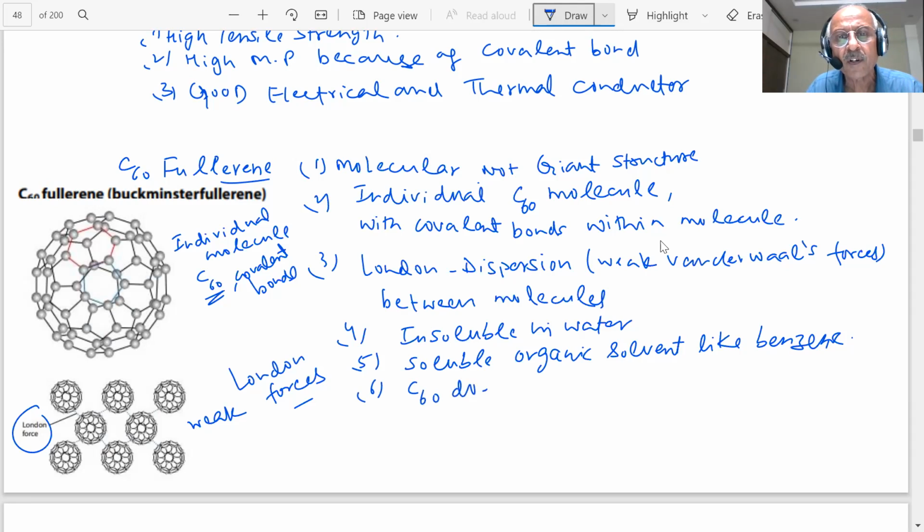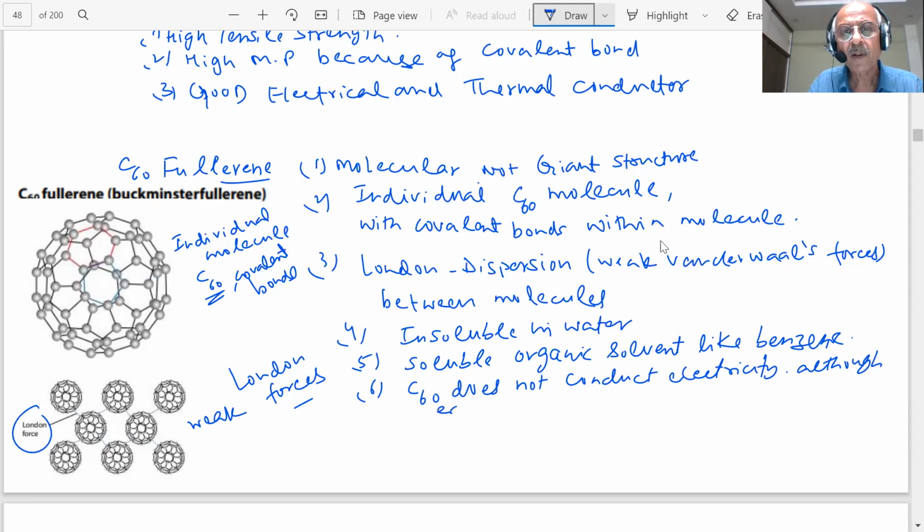C60 does not conduct electricity, students. There are no free electrons. Although each carbon forms three covalent bonds in the C60, it does not conduct electricity.